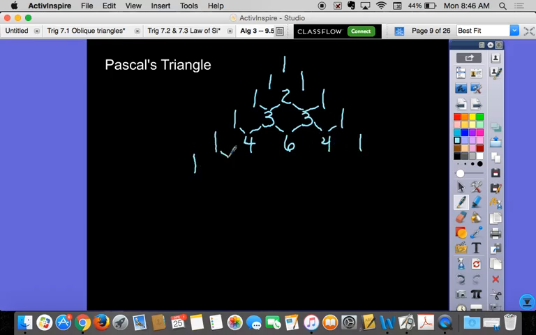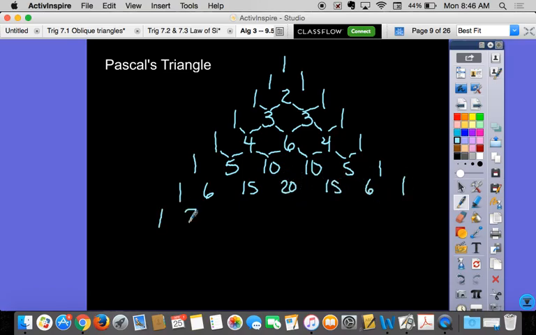So 1 on the outside, add to 5, add to 10, add to 10, add to 5, 1 on the outside. And so you're always 1 on the outside. Then add, add, add. And that's pretty much the basis for how this thing is built.